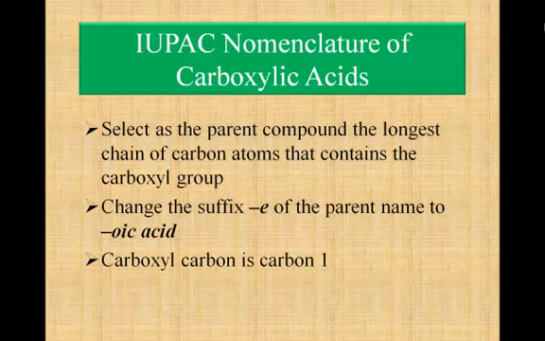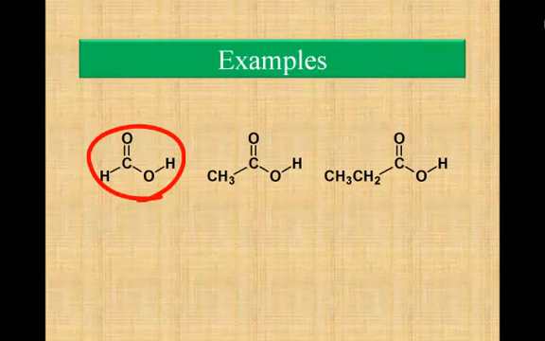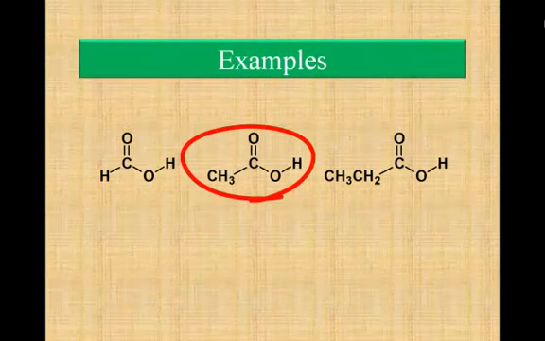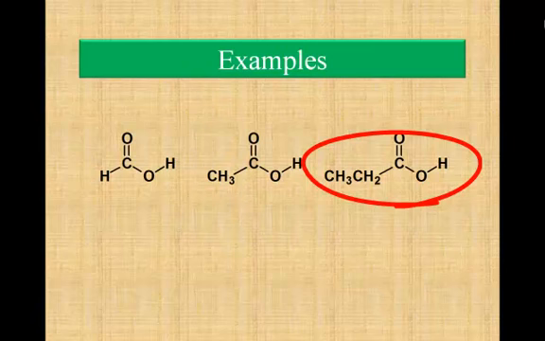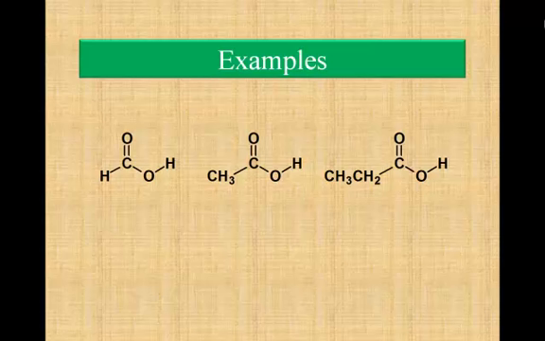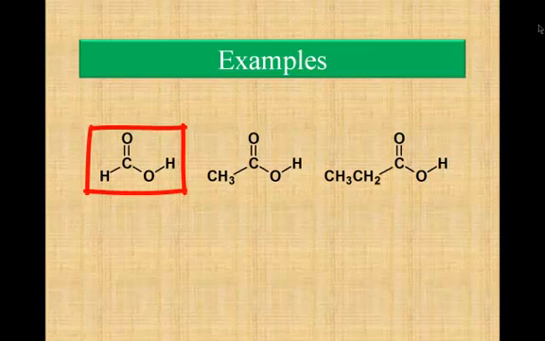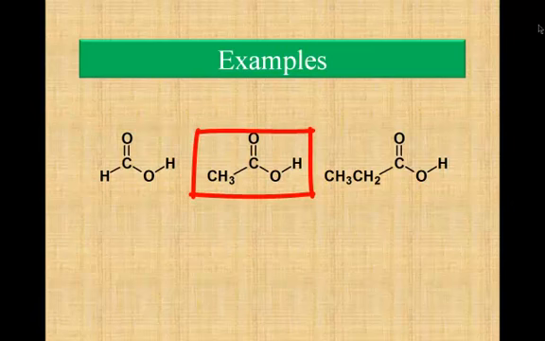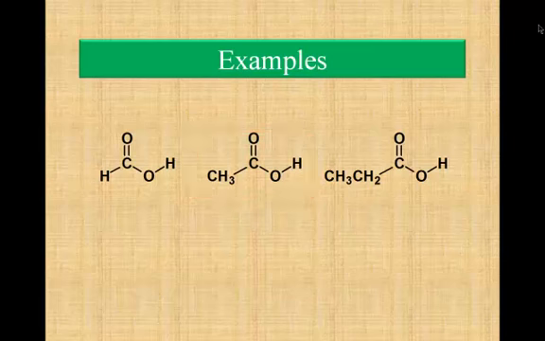Let's look at a few specific examples. Here we have a 1-carbon, a 2-carbon, and a 3-carbon carboxylic acid. Remember that the carboxylate must always be at the end of the molecule, because our last atom is a hydrogen. Hydrogen can't make any more bonds to anything else. I've already told you that the first molecule is formic acid, the second molecule is acetic acid, but they also have systematic names.